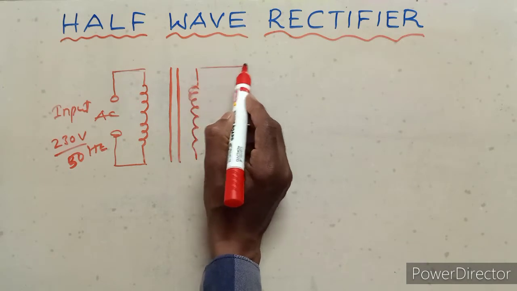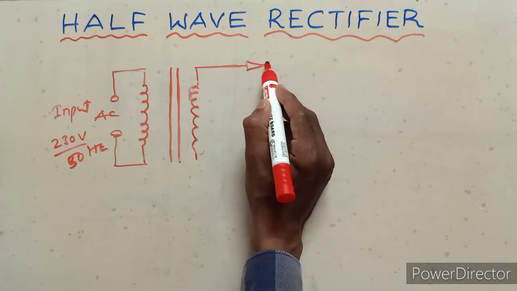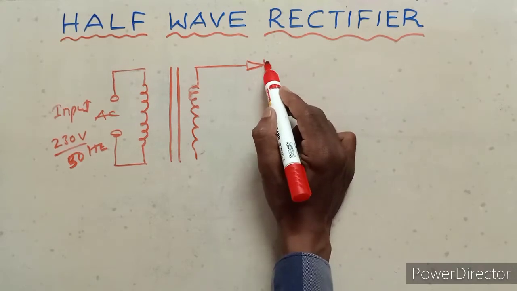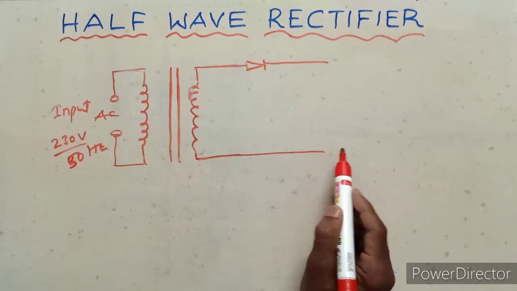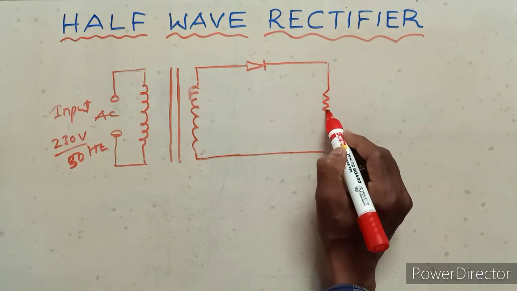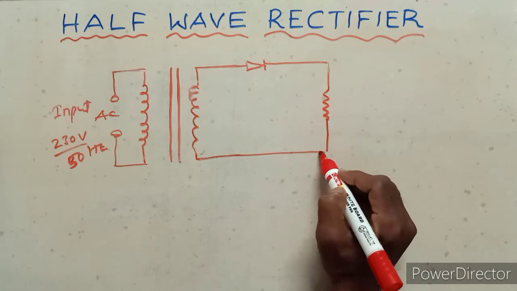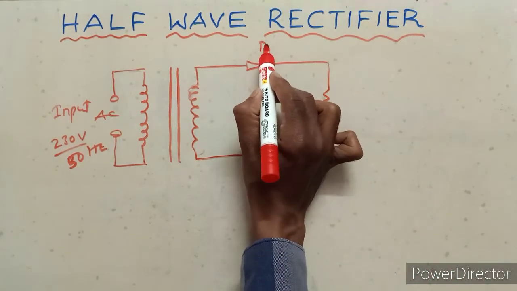Secondary coil is connected to one diode. This is connected to load resistance. This is the one diode.